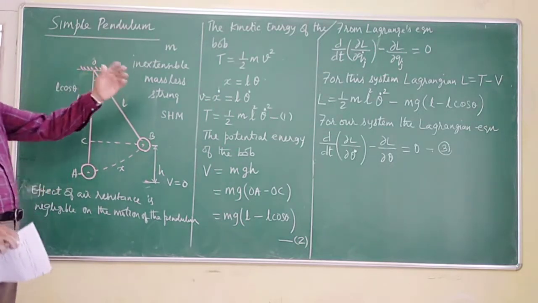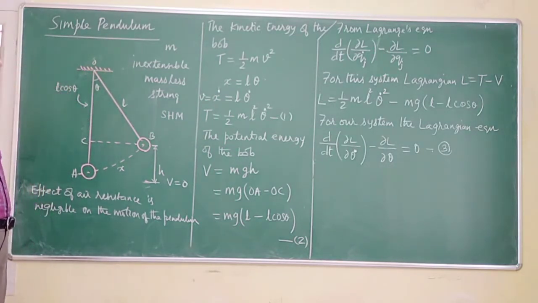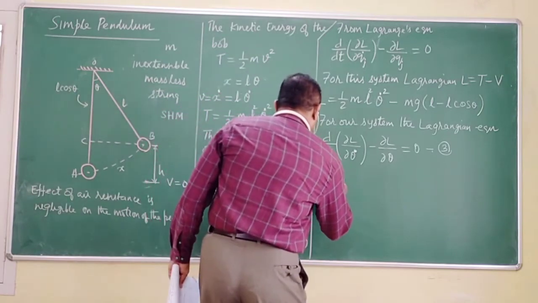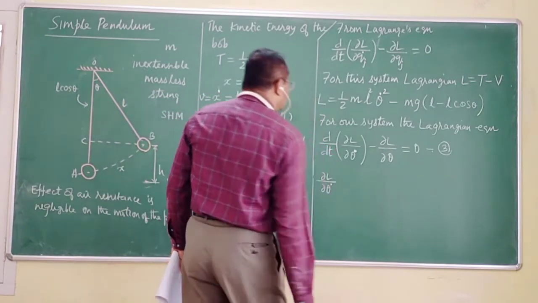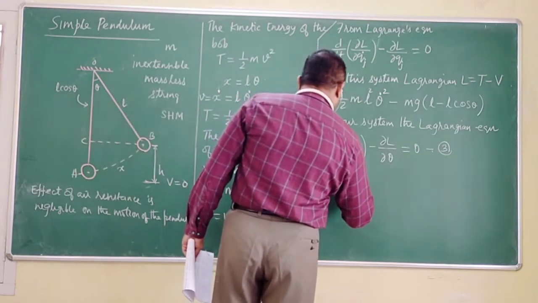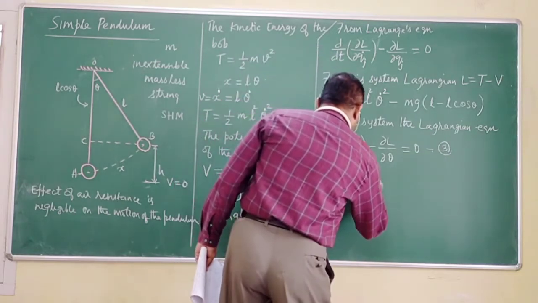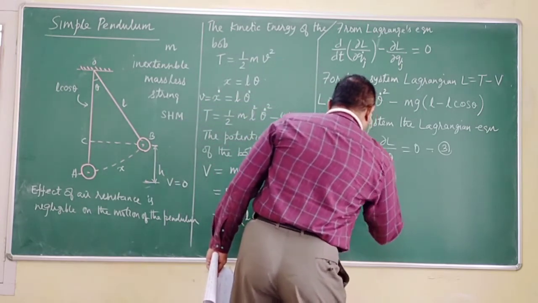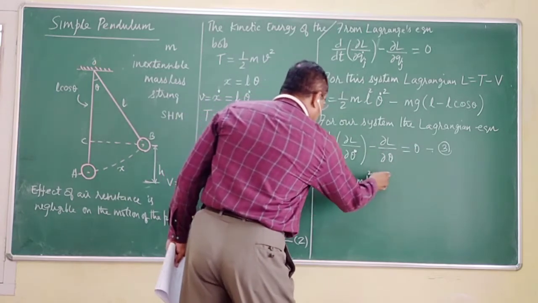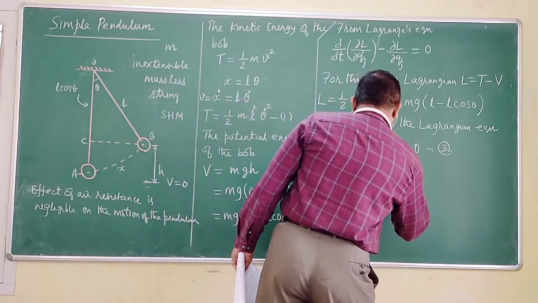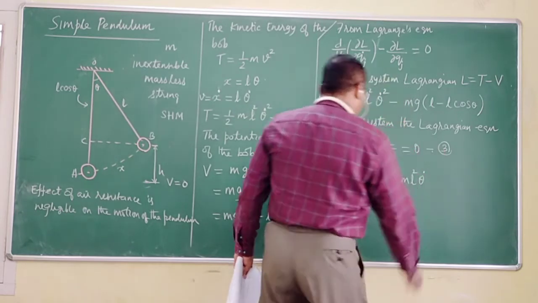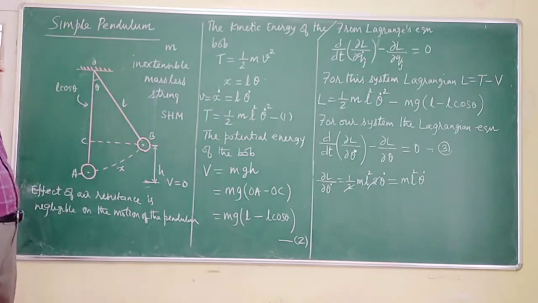Now from the L which we have, we have to find ∂L/∂θ and ∂L/∂θ̇. So ∂L/∂θ̇ is half m l squared into 2 into θ̇. The 2 will go off to give me m l squared θ̇. Is that clear?